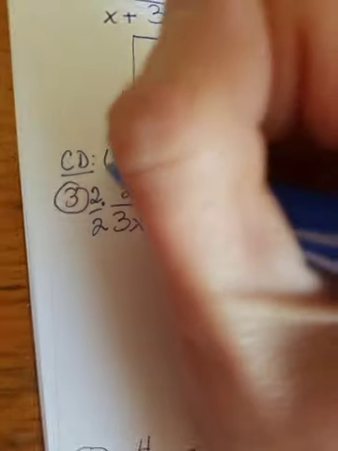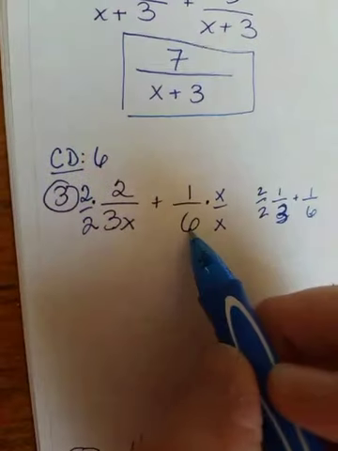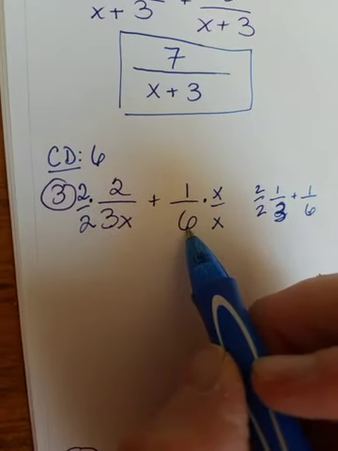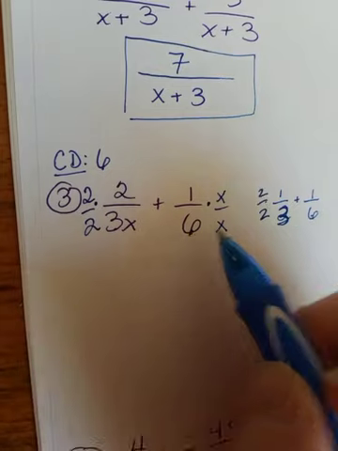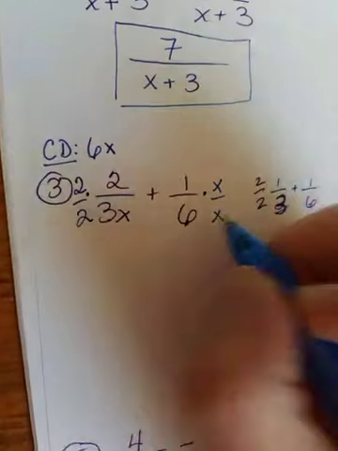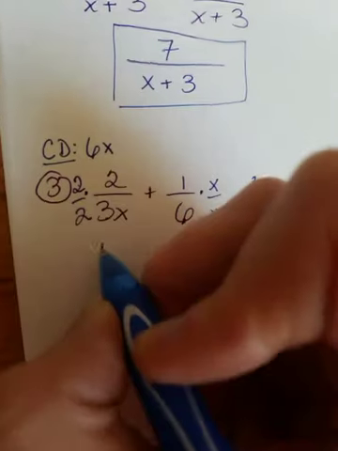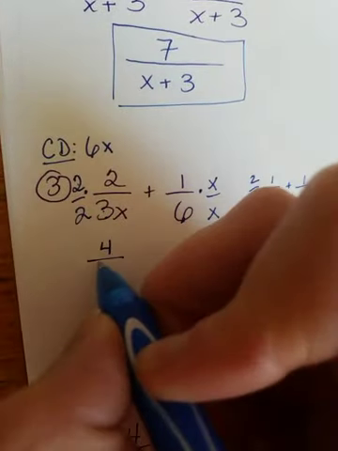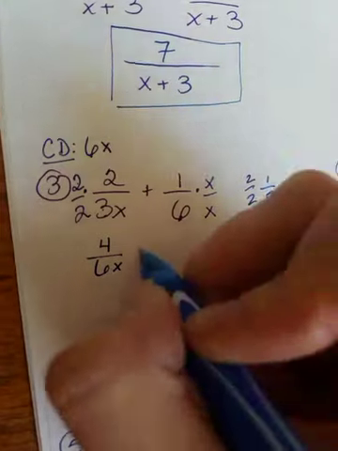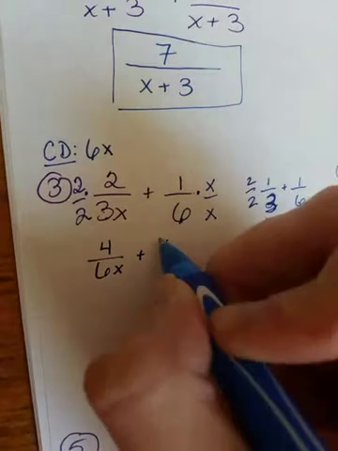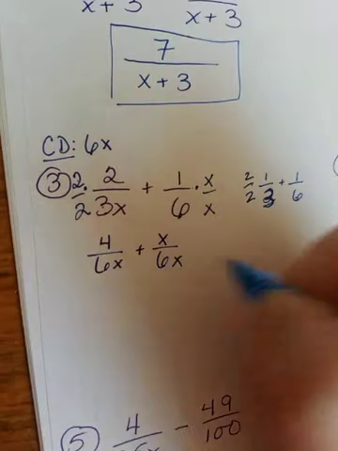So some people like to write a note to themselves. CD, your common denominator, is 6, because that's what 3 and 6, that's the least common multiple of them, both of those numbers. And then an x. This has an x, this one doesn't. So now I multiply. 2 times 2 is 4. 2 times 3x is 6x, which is what I'm supposed to get. 1 times x is x over 6x.